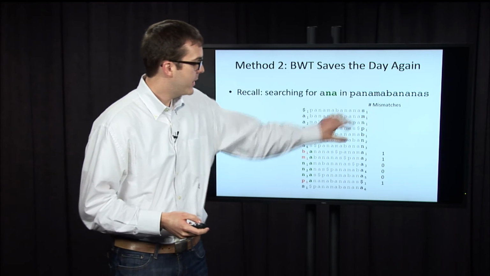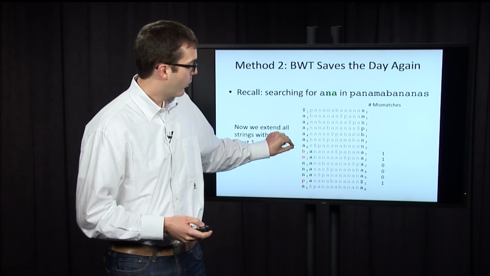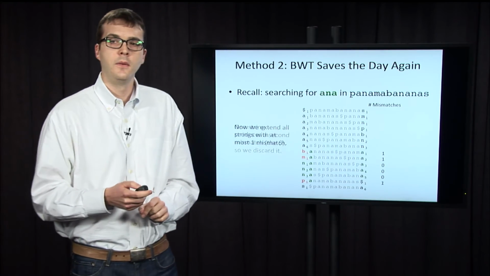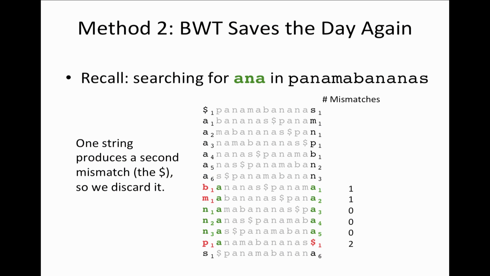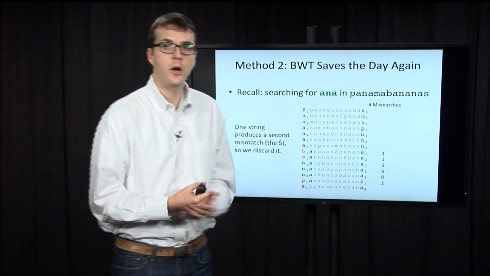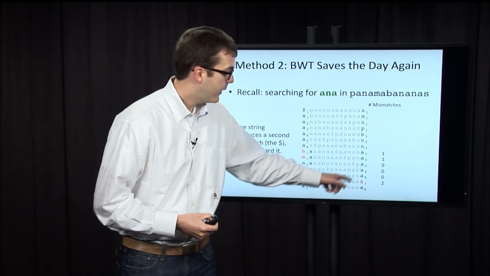Now we carry the mismatches down and we see we have 1 mismatch here, here, and here. Then we need to walk backwards again towards the next symbol in the pattern string, ANA. Here we see that we get 5 occurrences of A. So we're able to extend each of these 5 pattern candidates backwards and have a match of A. In this case, we walk backwards to the last column of the Burrows-Wheeler matrix, and we hit the dollar sign.